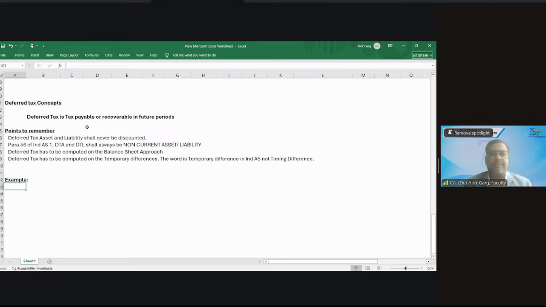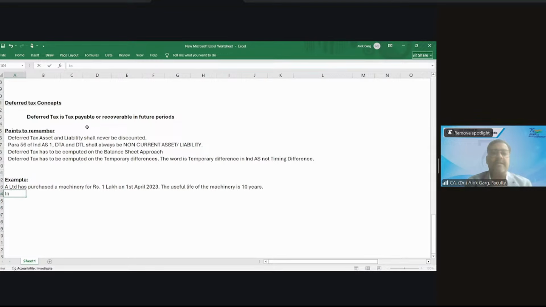A Limited has purchased a machinery for rupees 1 lakh on 1st April 2023. The useful life of the machinery is 10 years.